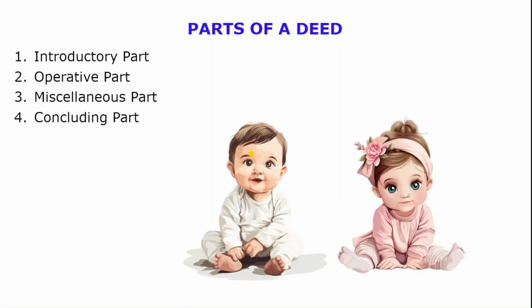Then you will see introduction. You will see introductory. If you are not certain that it is introductory, you might be tempted to pick introduction, thinking that, I almost got it. When it comes to MCQ, there's nothing like I almost got it. So you must know it that a deed is divided into introductory part, operative part, miscellaneous part, and concluding part.